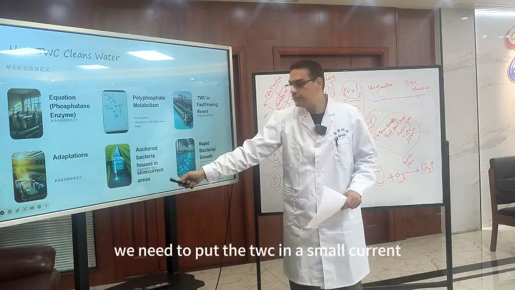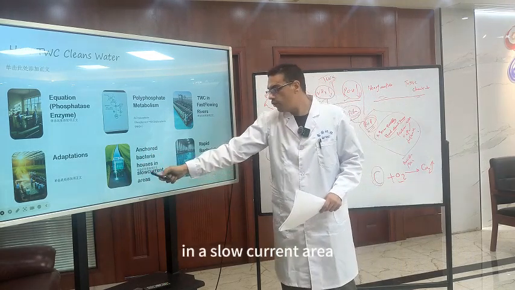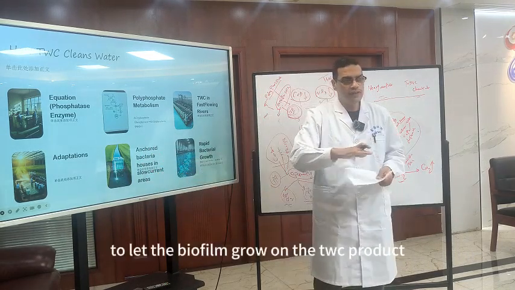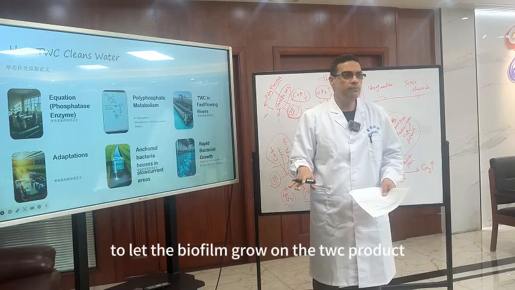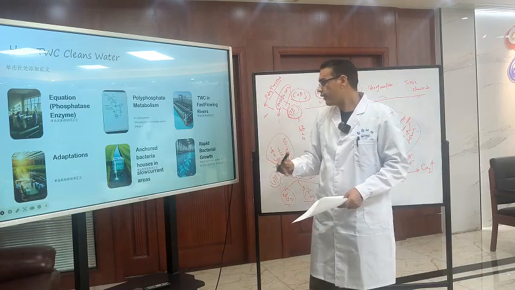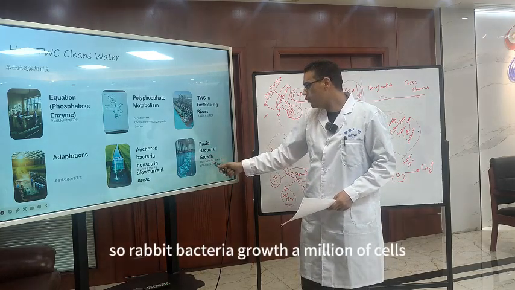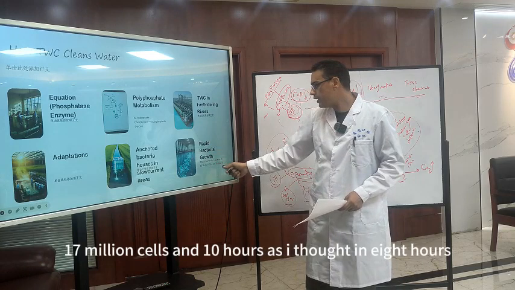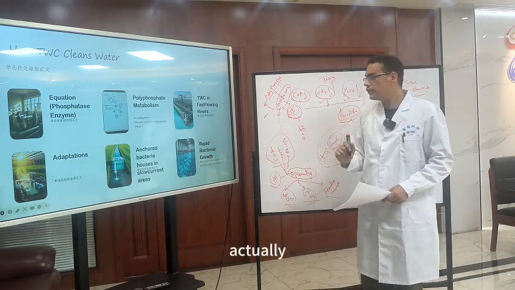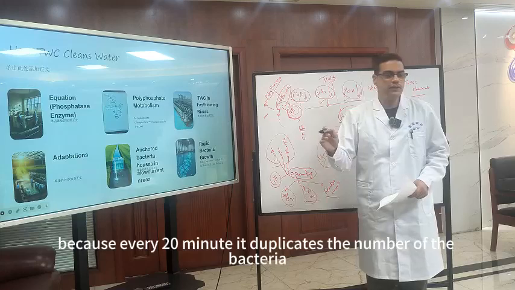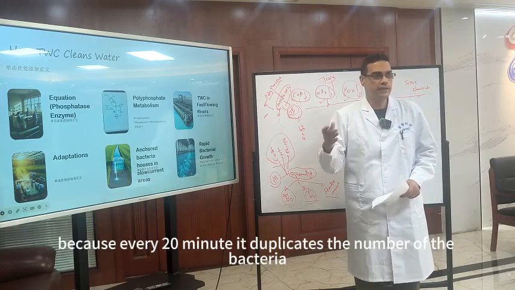We need to put the TWC in a slow current area to let the biofilm grow on the TWC product. So rapid bacterial growth, 1 million cells to 17 million cells in 10 hours, or actually in 8 hours, because every 20 minutes the number of bacterial cells doubles.